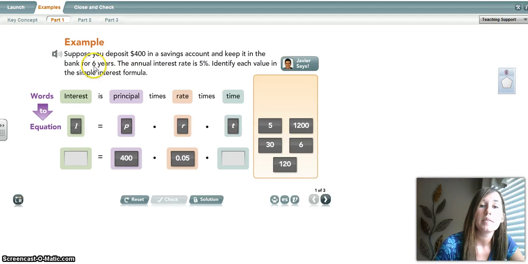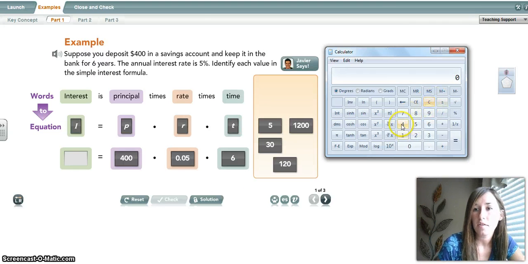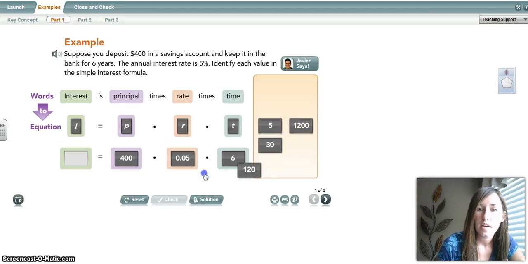So when we look, we see 6 years, we use 6. Now we just multiply these values to calculate our interest. We would do 5% of $400, $20, 6 times since we're keeping it there for 6 years. So $120 is our amount of interest.